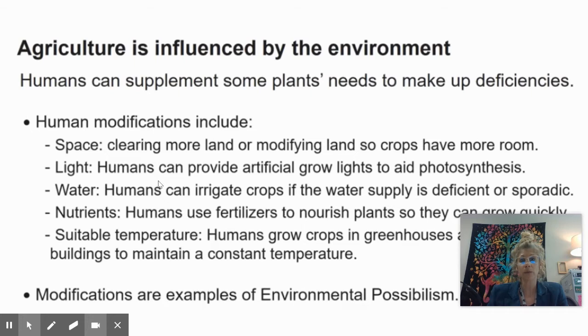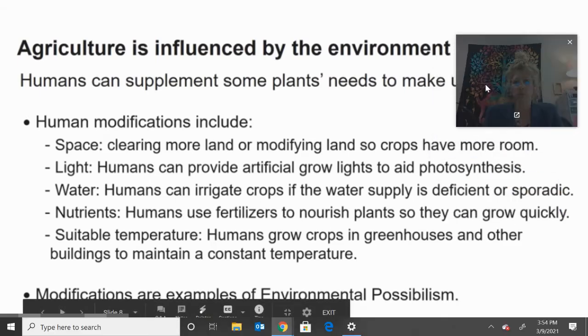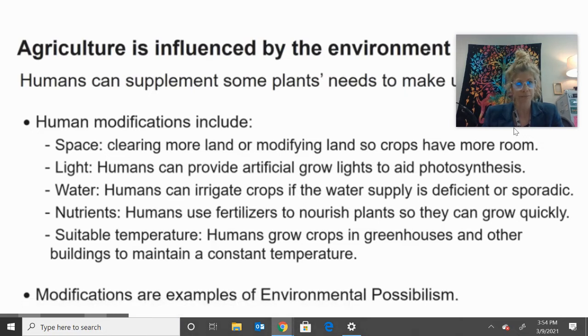And then for light, we have artificial light that we can use, and that helps plants with the photosynthesis process. Then water. If you're not getting enough rainfall, well, we have plumbing and irrigation systems that we can use to water plants that are deficient and not getting enough from rainfall. All right, and then nutrients. We have figured out how to add fertilizer to nourish plants so that they can actually grow more quickly.